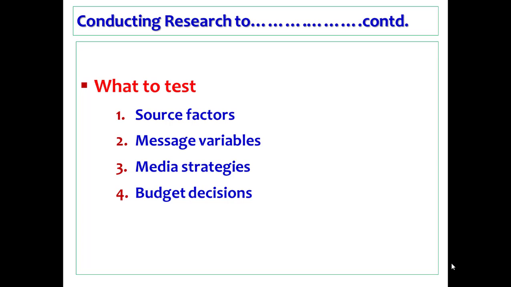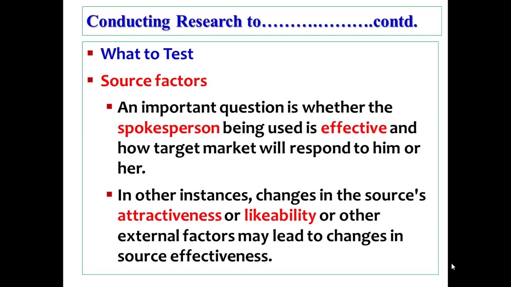The first one is what to test. Now we are going to measure the source, the message, the media, and budget. In this case, the source are those people who are engaged to speak or communicate the message of our advertisement. It can be models, or it can be any typical humans assigned to demonstrate the message that the advertiser is going to disseminate to the society.